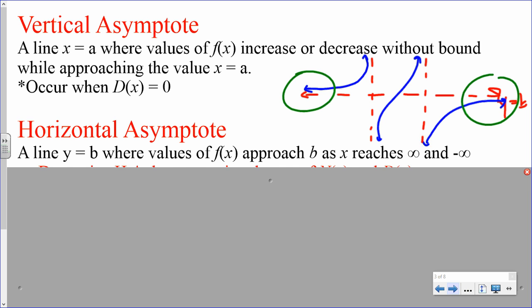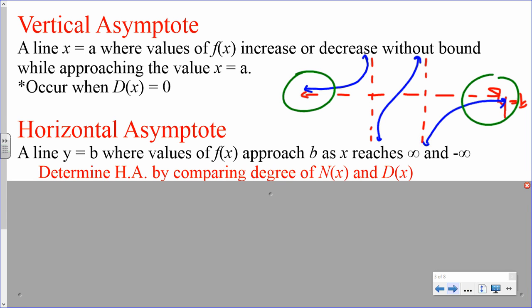There are 3 different rules that we're going to talk about, but only 2 of them today. To determine, HA is abbreviation for horizontal asymptote. Are you okay with that? All right, less letters for you to write. We're going to compare the degree of the numerator to the degree of the denominator.